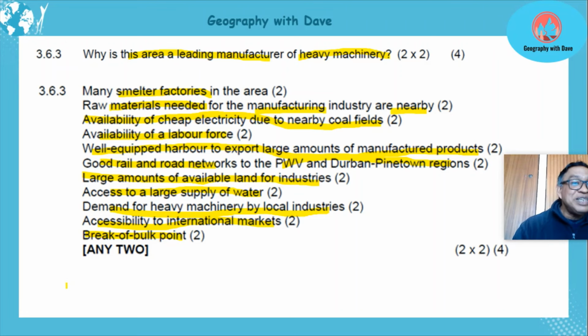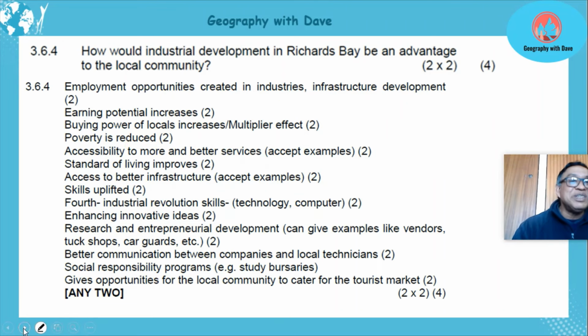And I want to look at the next question, learners. Look at this. Why would industrial development in Richards Bay be an advantage, not a disadvantage, to the local community? Can you see that again? You've done it. Social, economic, etc. comes in now. And you need 2 facts for this, fully explained.